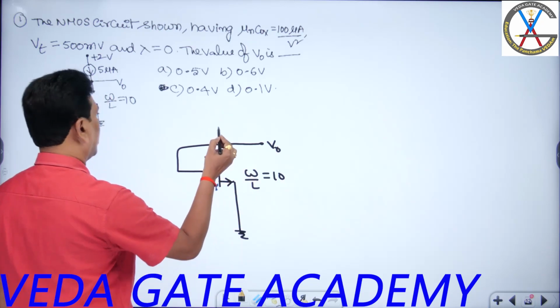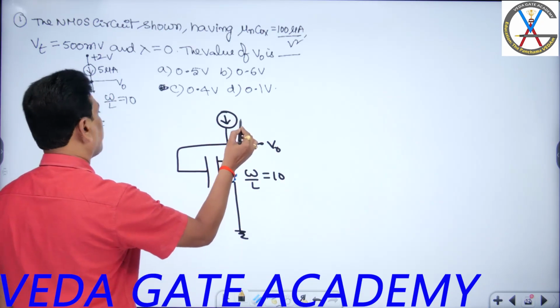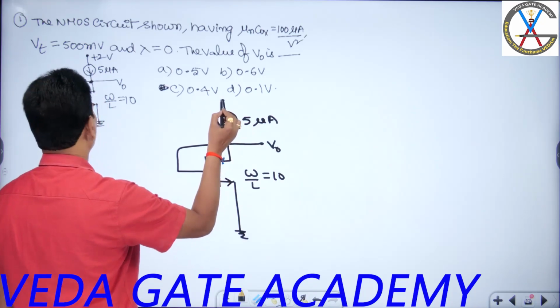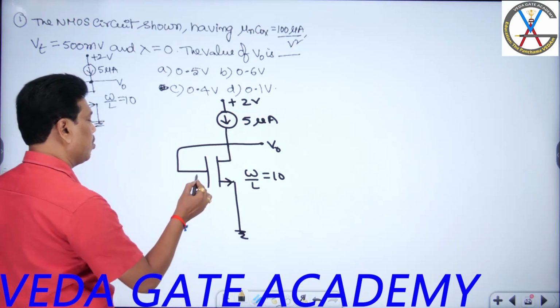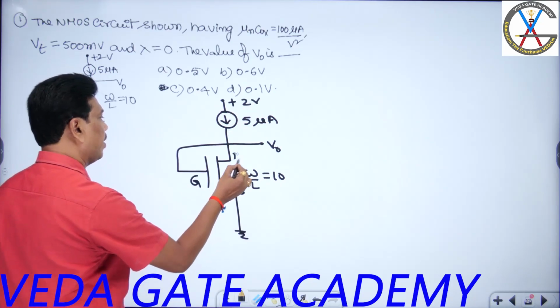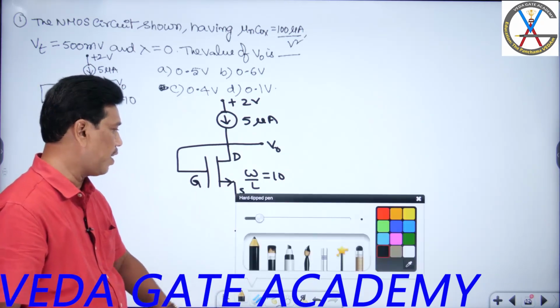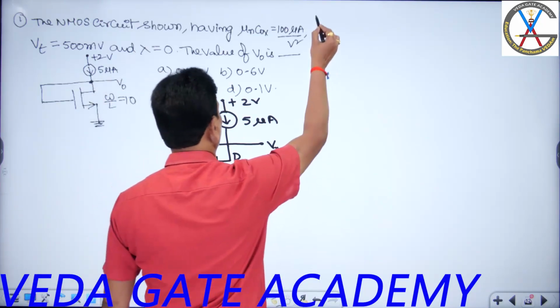Here a drain current source is given, 5 microampere, that is the drain current, and the supply is 2 volts. Here we have gate, source, drain. Since gate and drain are shorted, the transistor is in saturation mode, students.